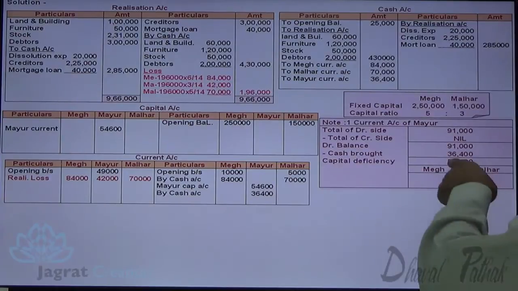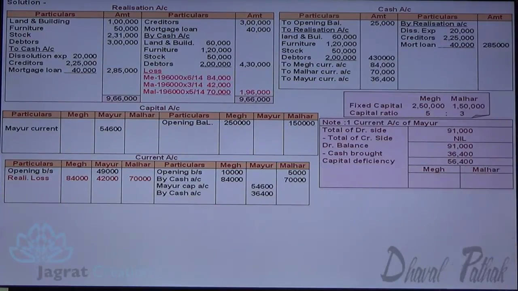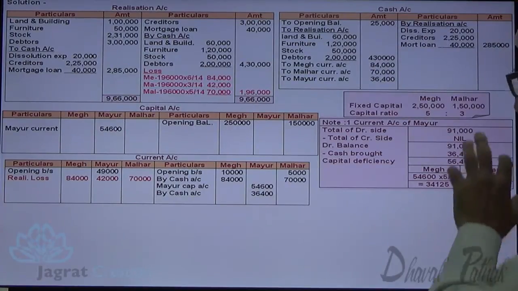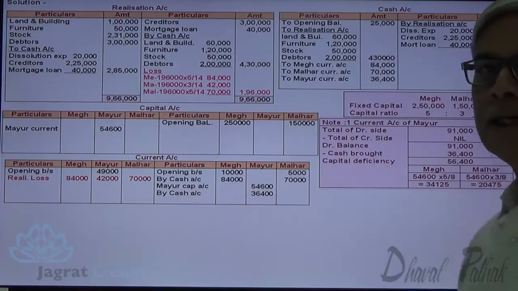Now this 56,400 will be distributed in the ratio 5:3. So the share of Meg is 56,400 into 5/8, that is 34,125, and the share of Malhar is 56,400 into 3/8, so that amounts to 20,475. This is the capital deficit borne by Meg and Malhar, the solvent partners.